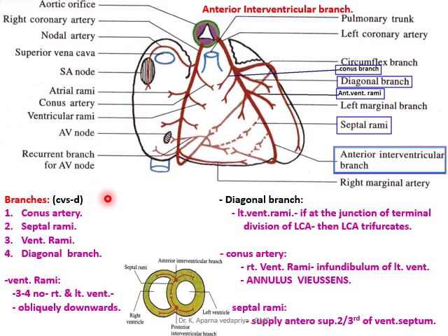So these ventricular rami are again 3 to 4 in number. This is the anterior interventricular artery.